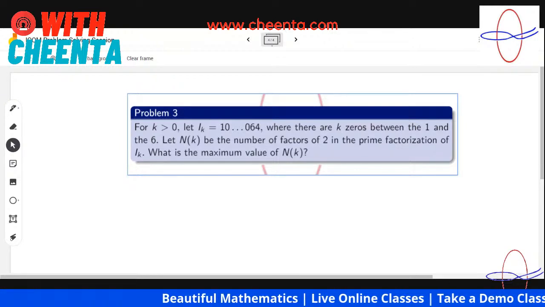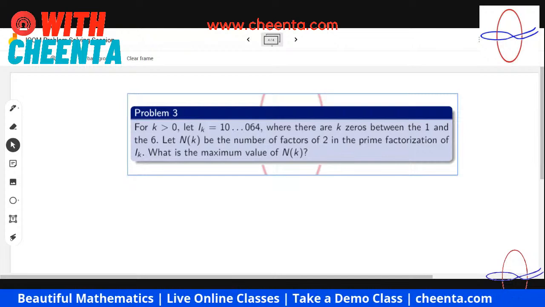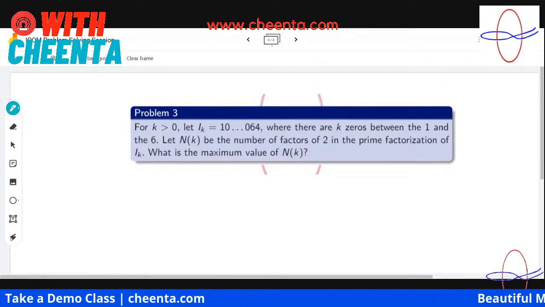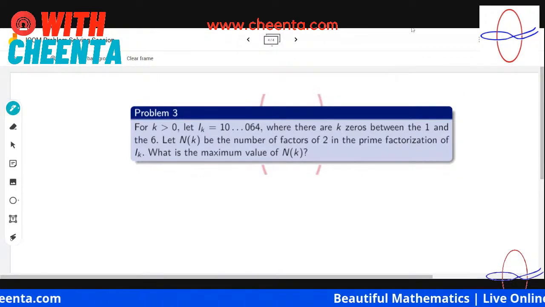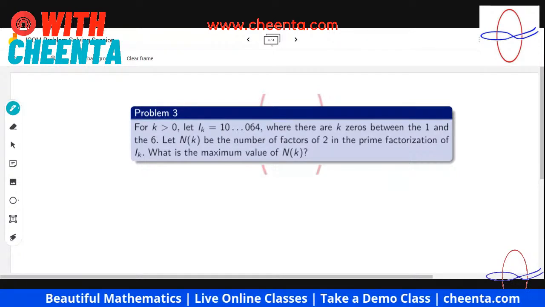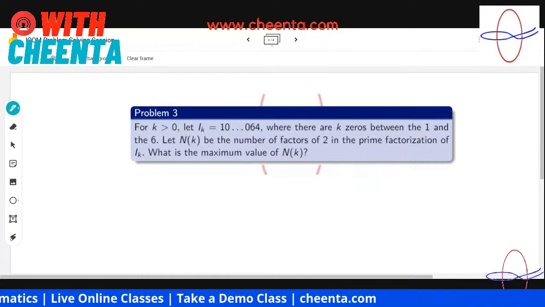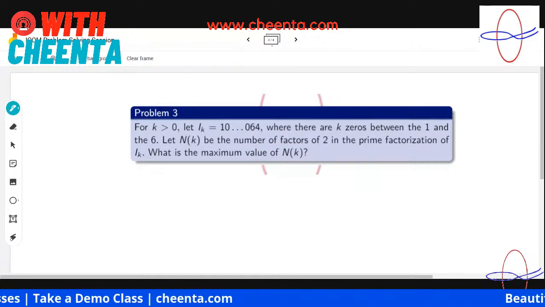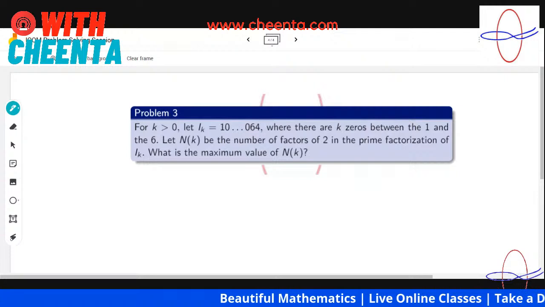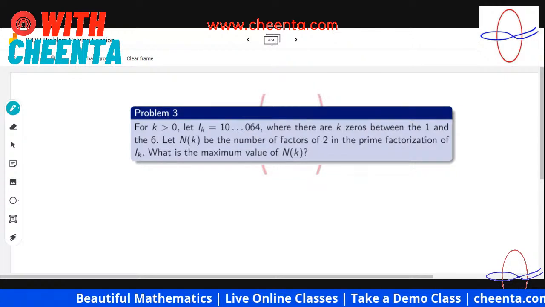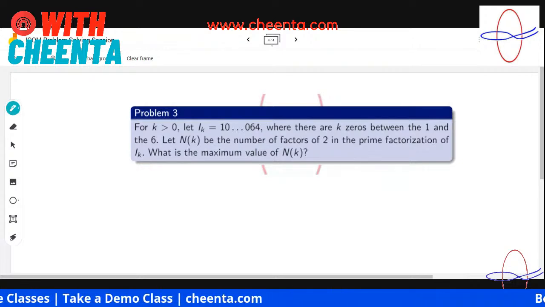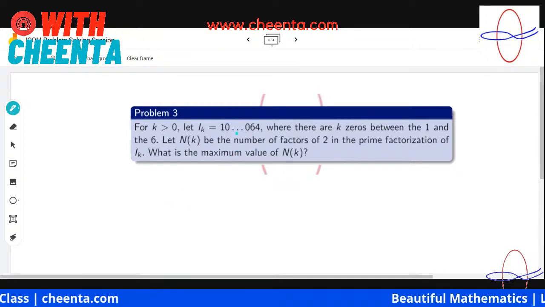What you will do, perfect Shubham, is express this problem in an algebraic format. Okay, guys, so how to do that? So what is this form? There are k zeros, and then there's 64.